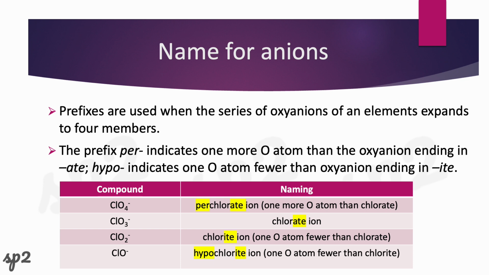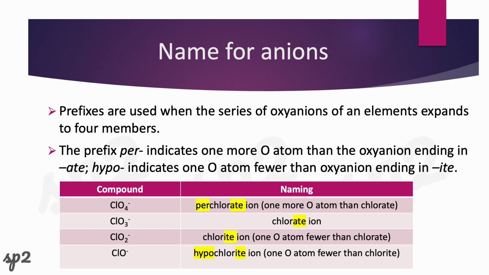So you've got perchlorate and chlorate together. Now for the other two, I have ClO2 with a negative charge and ClO with a negative charge. The ClO2 would be chlorite. And ClO has one oxygen atom fewer than chlorite, so I'm going to call that hypochlorite.